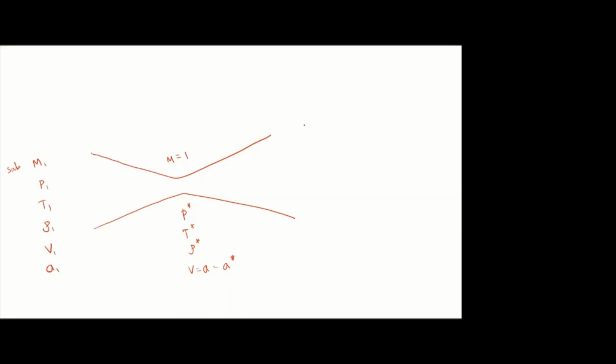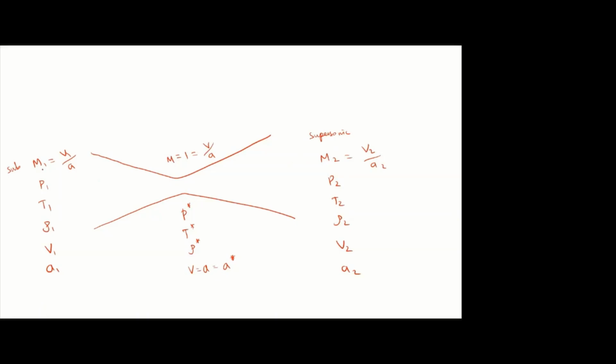And at the exit, we have supersonic flow, where we have M2, P2, T2, rho 2, V2, A2. So this M1 means simply V1 by A1, and at the throat M is simply V by A, both are equal. And here it is V2 by A2. These are the normal conditions. All these Mach numbers are called local Mach numbers.